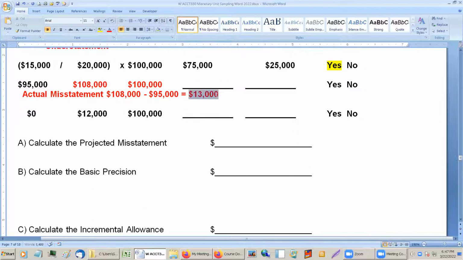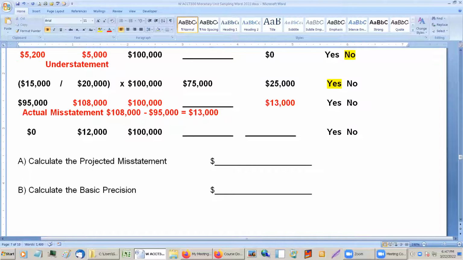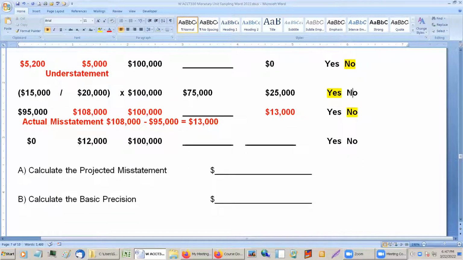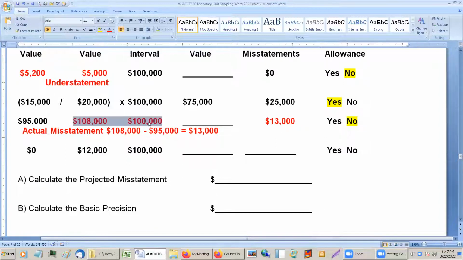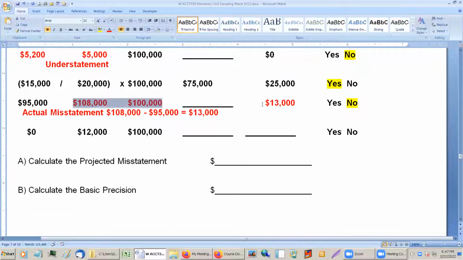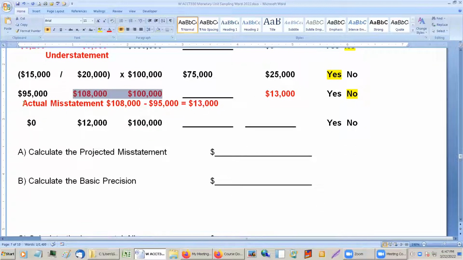So this will be our projected misstatement. It is not going to be in the incremental allowance. And again, that's kind of weird because nothing else could go wrong in this interval. This thing covers the entire interval. So we just take the actual misstatement, and it was actually misstated by 13,000.